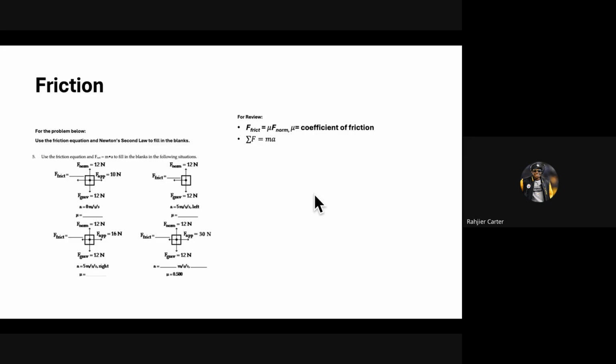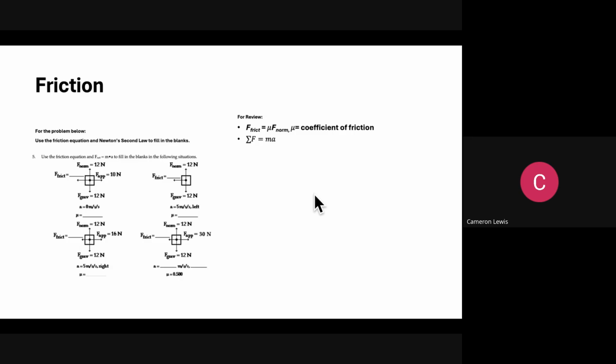So how much would the frictional force be? Hold on. Think about it. The sum of the forces is equal to 6. The applied force is equal to 16. Slow down.